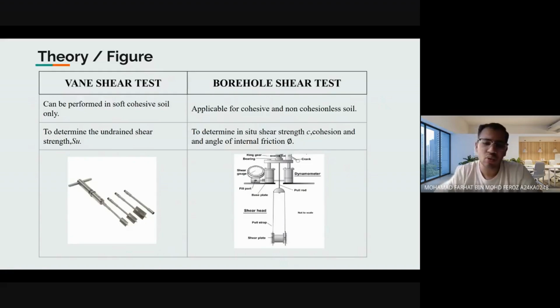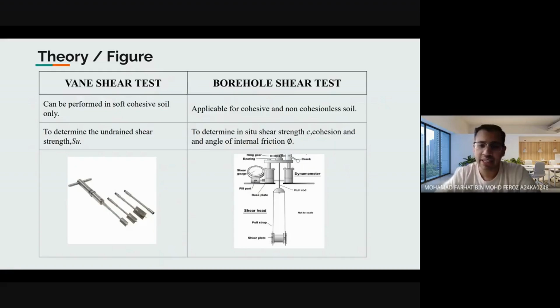How do these tests work? For the vane shear test, a shear vane is pushed into the soil, and at the desired depth, the vane is rotated until the soil fails. For the borehole shear test, it involves drilling a 76 millimeter diameter hole, usually vertical, but it may also be inclined or horizontal, to a greater depth than the location of interest.